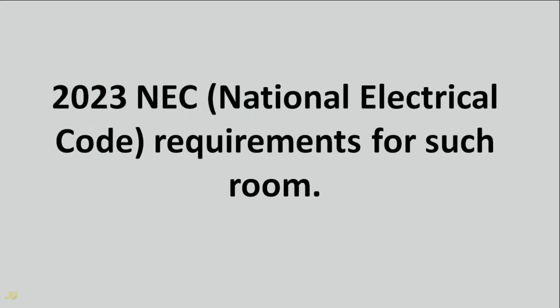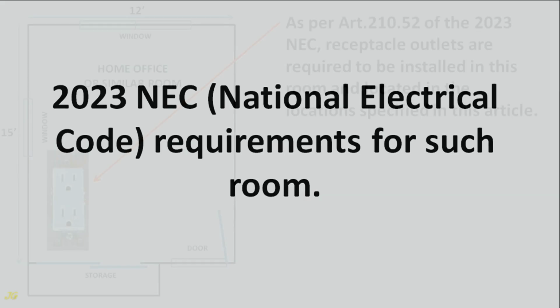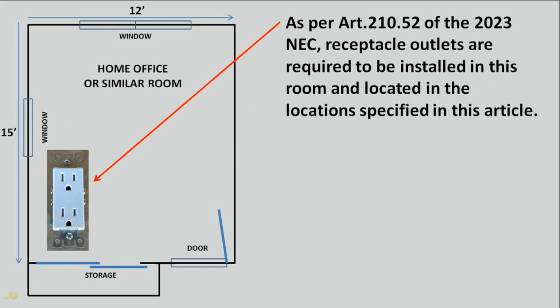2023 NEC, National Electrical Code, requirements for such a room. As per Article 210.52 of the 2023 NEC, receptacle outlets are required to be installed in this room and located in the locations specified in this article.